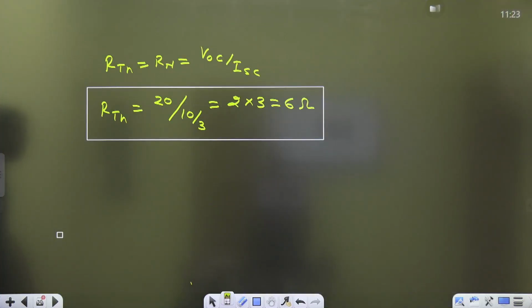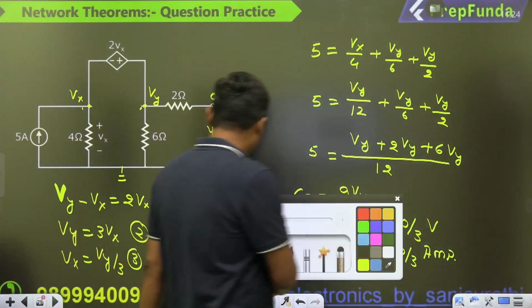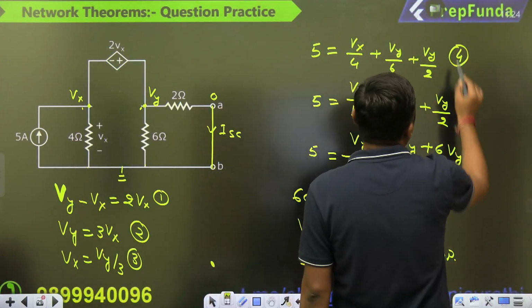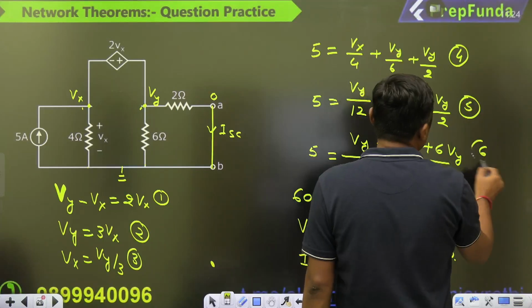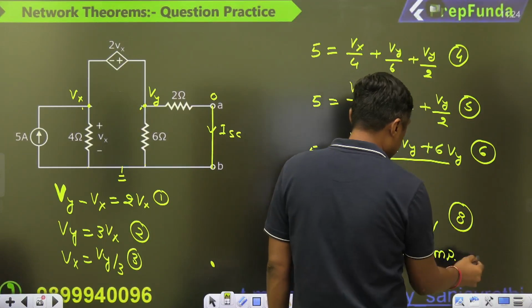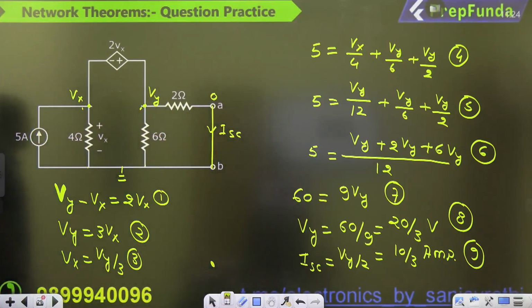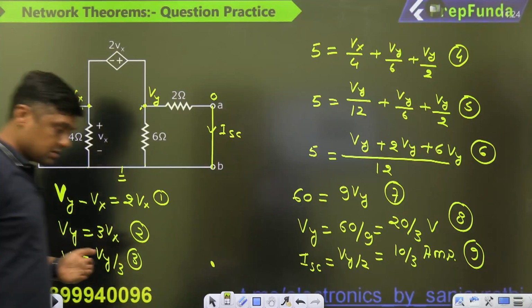Up to this point, any doubt in any equation? How to find the ISC? In my paid classes, you have the opportunity to ask your doubts, guys. You can say, sir, in this slide number, in this problem, in this equation, in this question, equation number 6, equation number 8, equation number 9, if you have any difficulty, then you can ask.